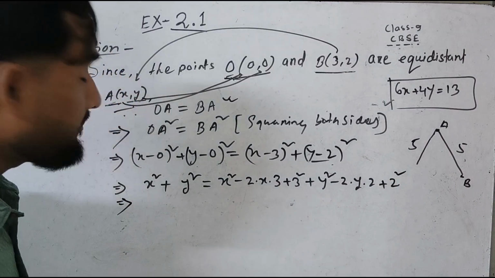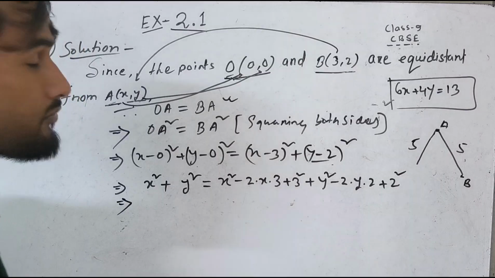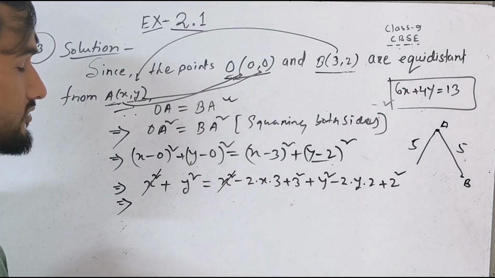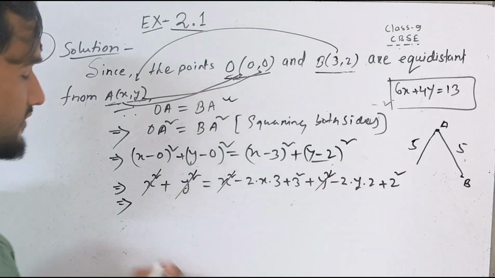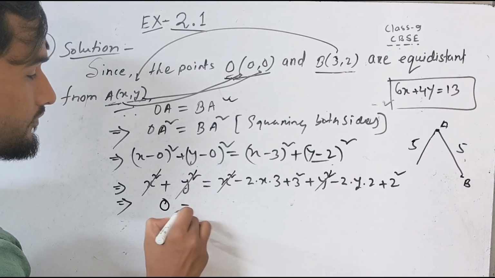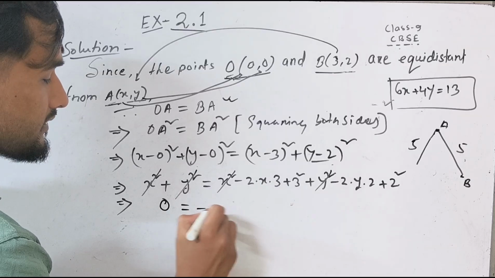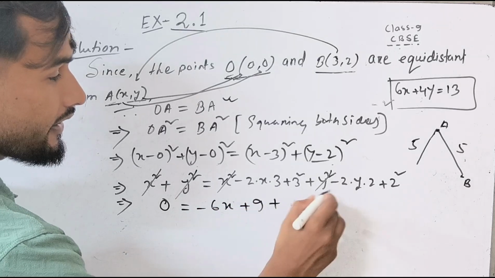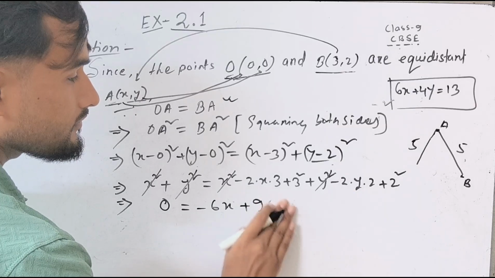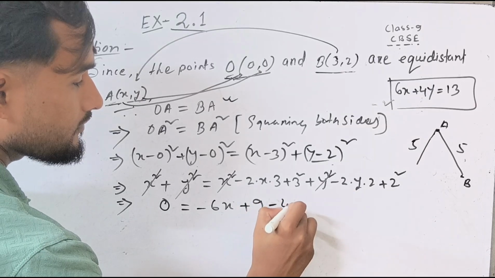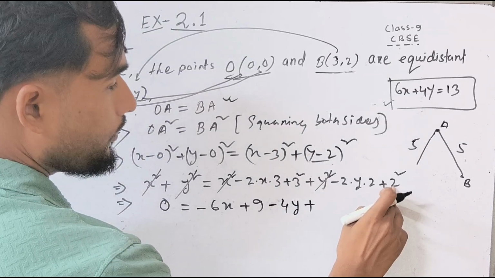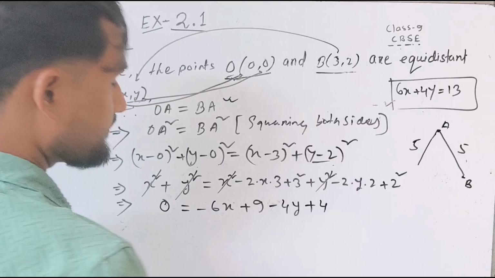Let's cancel out the equal terms from both sides. x square will be cancelled with x square and y square with y square, and the left side becomes 0, and 2 3s are 6, 3 square will be 9, and 2 2s are 4, and 2 square equal to 4.